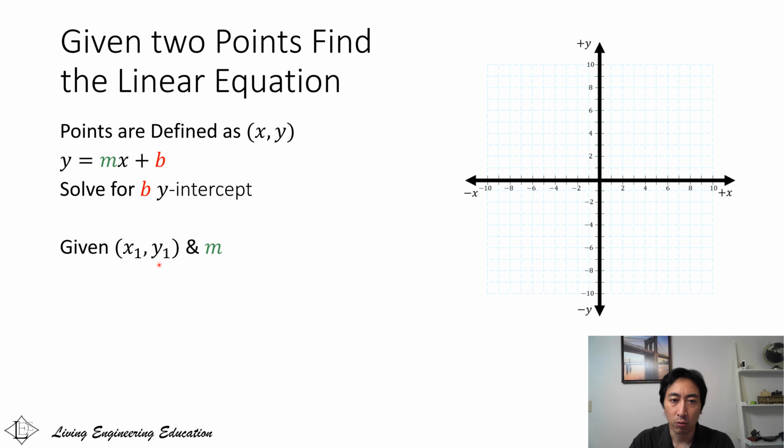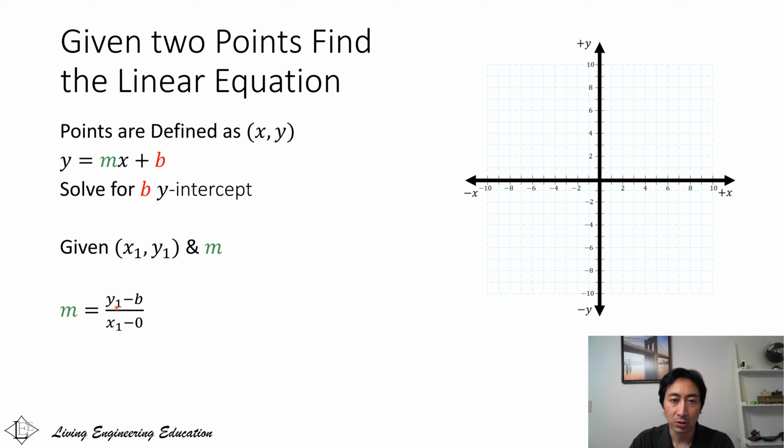So we're given our point 1, which we use subscript 1 to represent. So x1 is our x value for point 1, y1 is our y value for point 1. We redefine our slope in terms of our point 1 and our secondary point 2, which is our y-intercept.